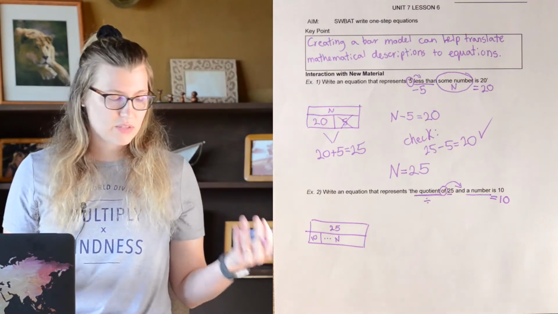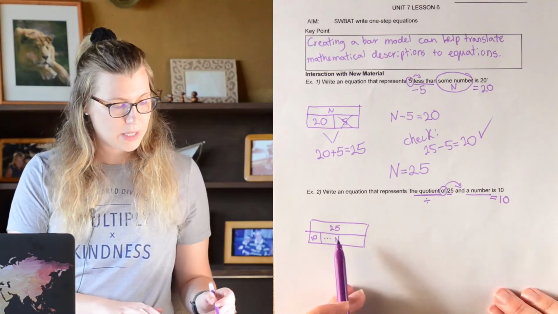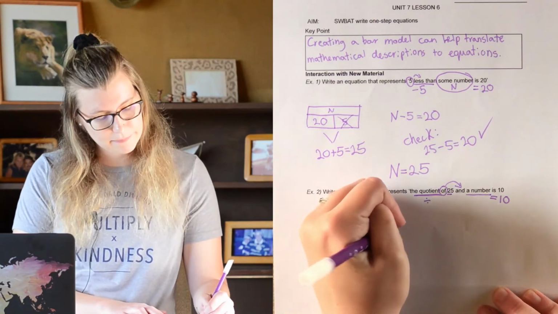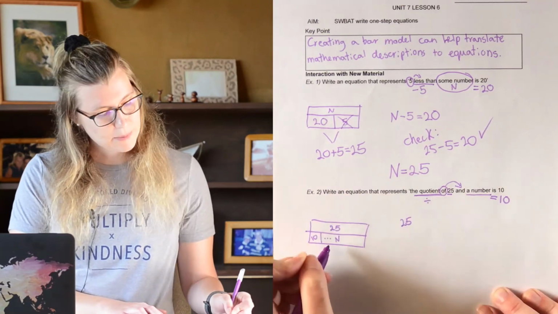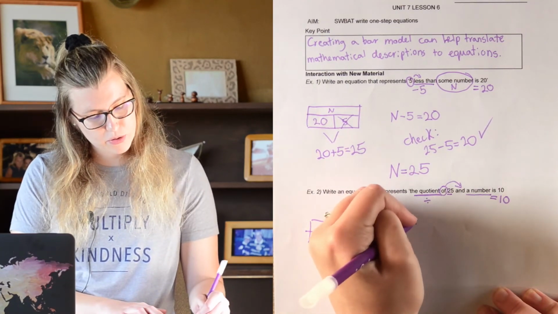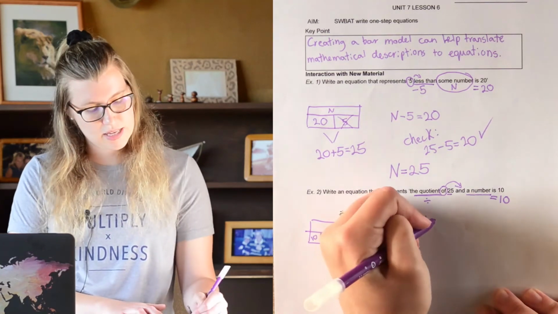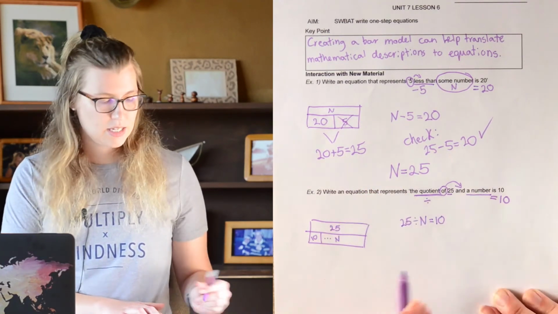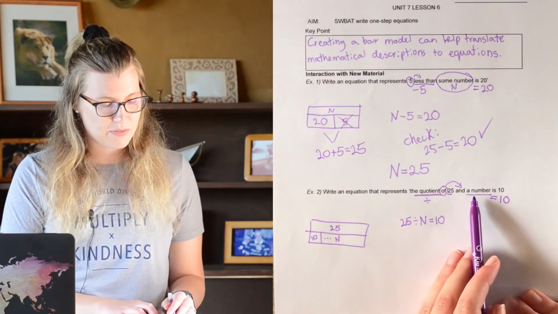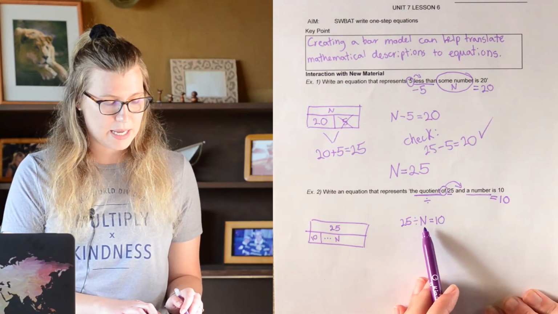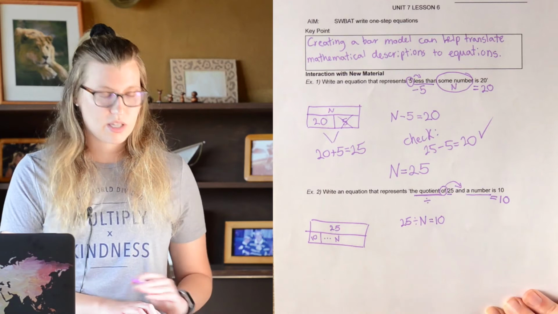So let's check, let's figure that out with an equation now. Well, I have my total up here. I'm going to divide it by my number of groups, and I'm going to be left over with 10. Did that translate well? Yep, 25 and a number, 25 divided by n equals 10.